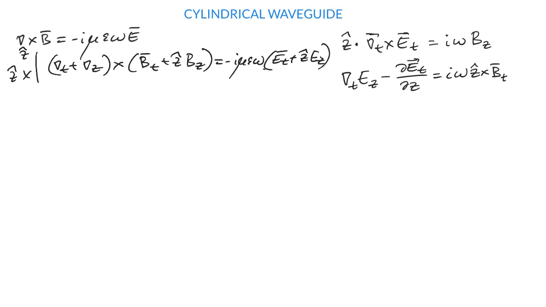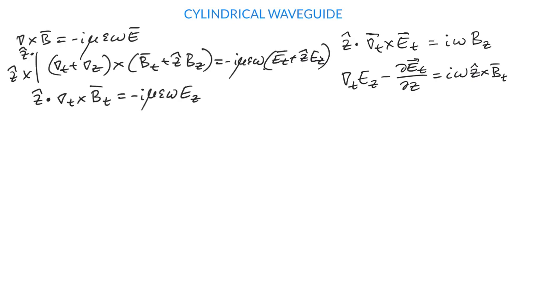So from the dot with z, again, as before, the z components of the other two vectors drop out. So I find z dot (del_t cross B_t) equals minus i mu epsilon omega E_z. The dot with z destroys the transverse part.